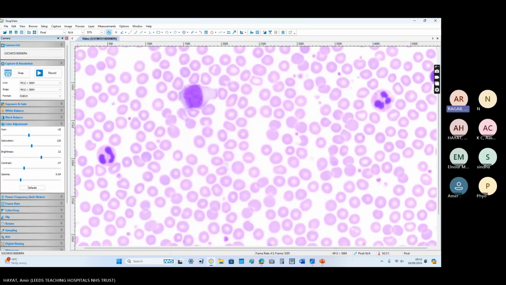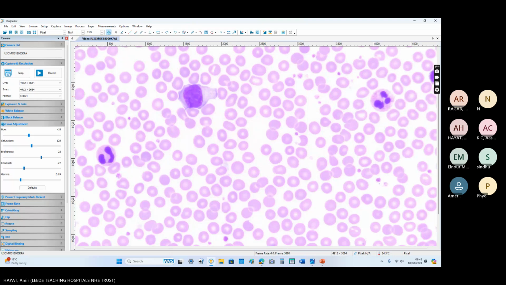Again, there is another likely atypical lymphocyte, a large cell compared to the red cell size, with abundant cytoplasm.